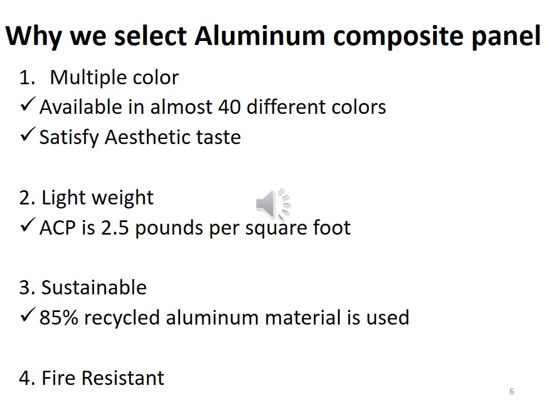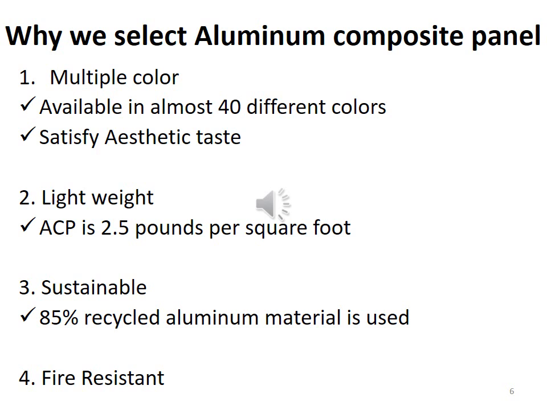Aluminum sheets, which are used for the fabrication of aluminum composite panels, can be coated with different colors of paint to produce aluminum composite panels in a wide range of metallic and non-metallic colors and different patterns. These patterns include wood or marble. So these aluminum composite panels are available in the market in almost 40 different colors, which satisfy the aesthetic taste of the customer.